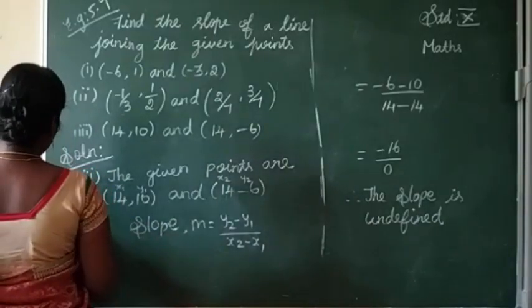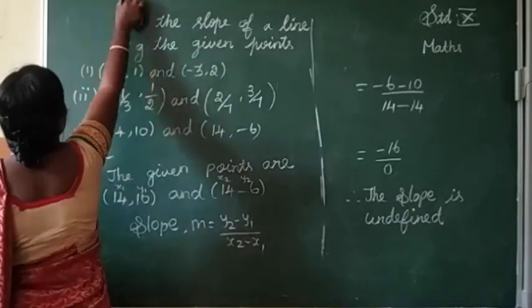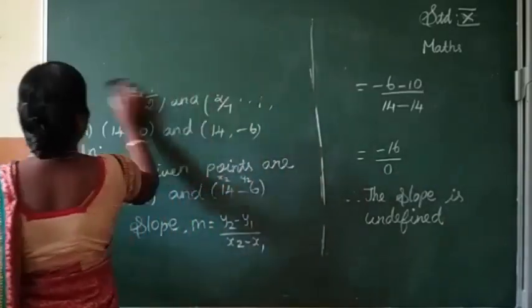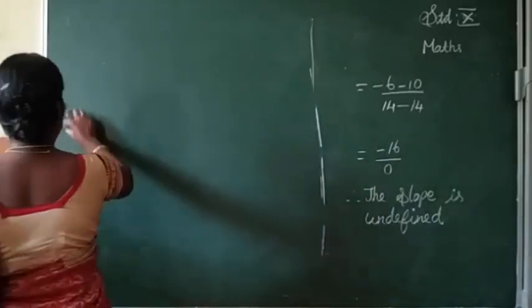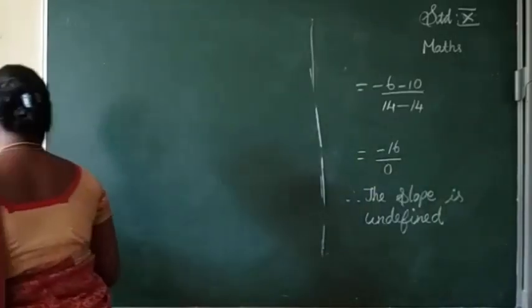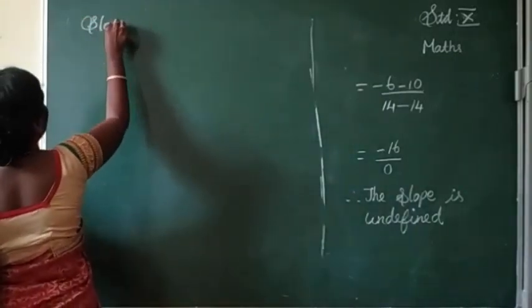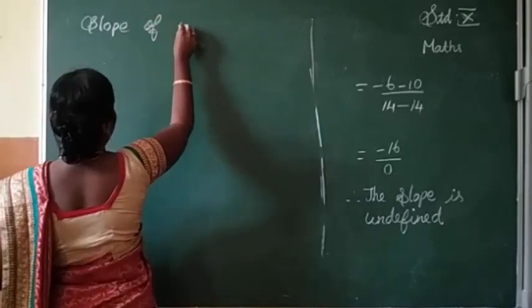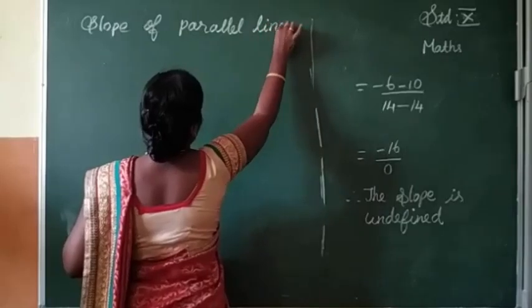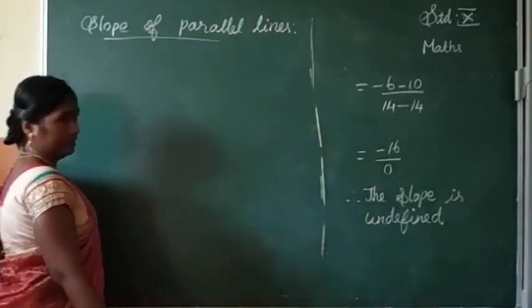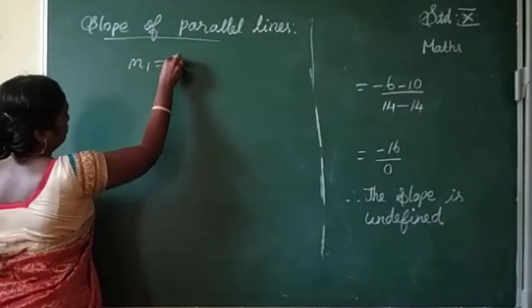Then the next heading, slope of parallel lines. Slope of parallel line condition is m1 is equal to m2.